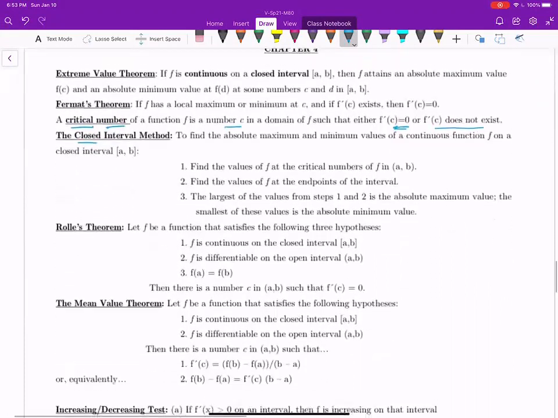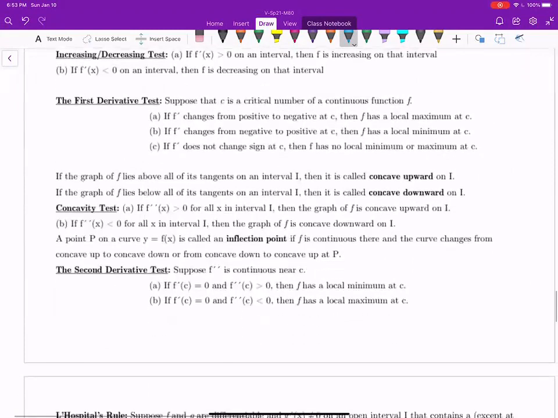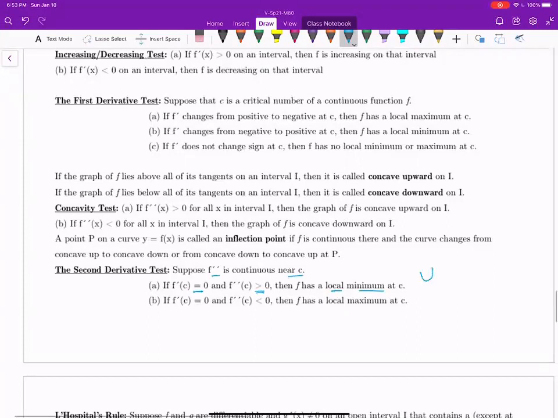If you look at the second derivative test, f double prime is continuous near c, and f prime of c equals 0, and if f double prime of c is positive, then there is a local minimum. It's concave up, therefore there is a local minimum.